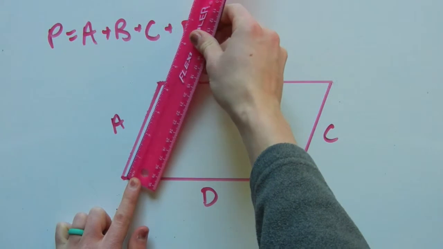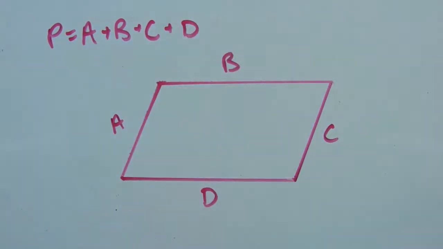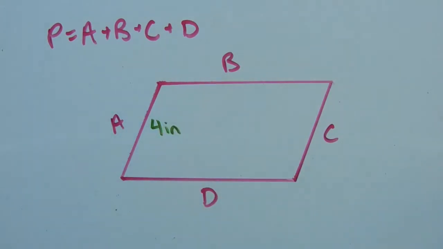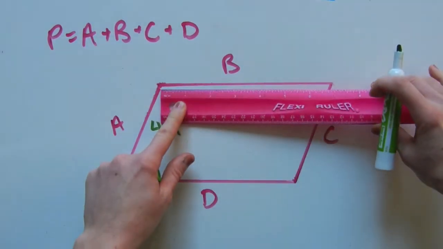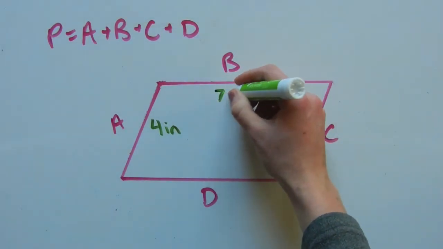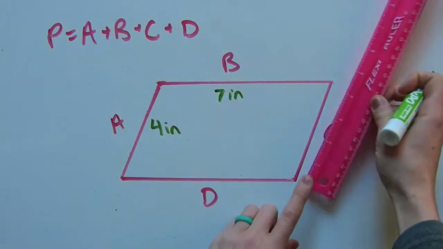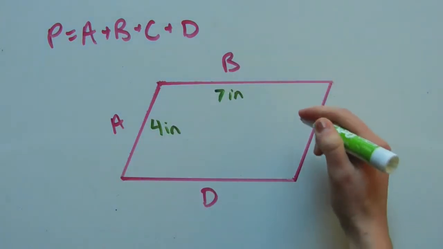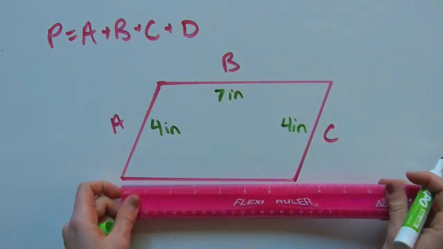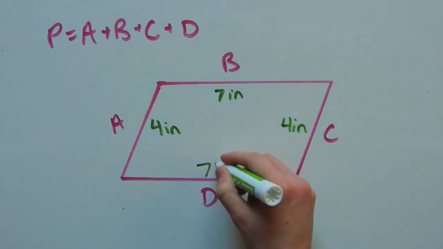So side A equals 4 inches. Side B is 7 inches. Side C is 4 inches as well. And side D is also 7 inches.